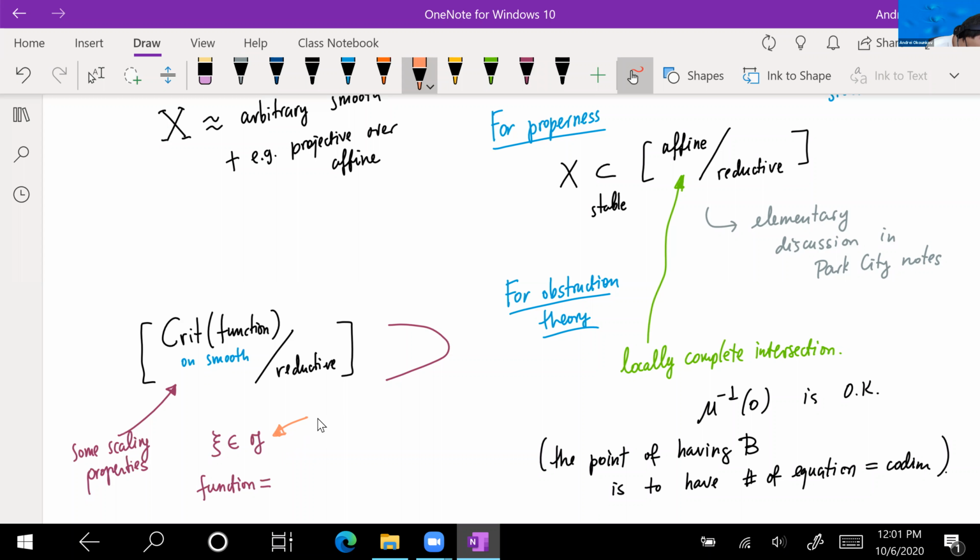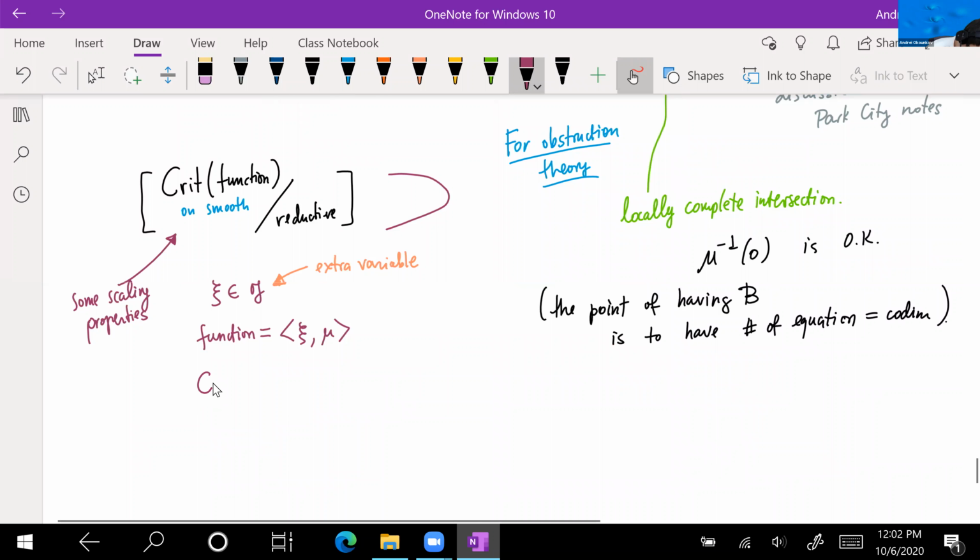And then if you write the critical locus, well, if you differentiate in all variables, what are you going to get? If you differentiate in psi, you're going to get that mu equals 0. But if you differentiate in x, that means psi acting on the point x, and then you get the equation that mu of x equals 0, and then the other equation that psi acting on x equals 0.